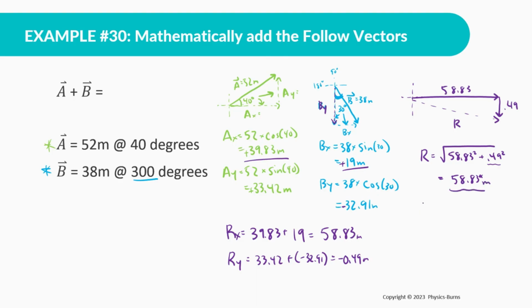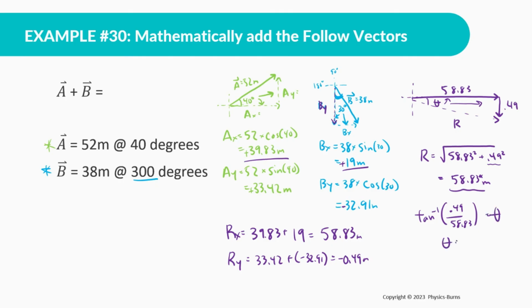Okay, and then we have to again find the angle here. This is going to be a little weird as well, but let's just go through the math. That's the important thing. Inverse tangent is opposite over adjacent, which is TOA, 0.49 divided by 58.83.